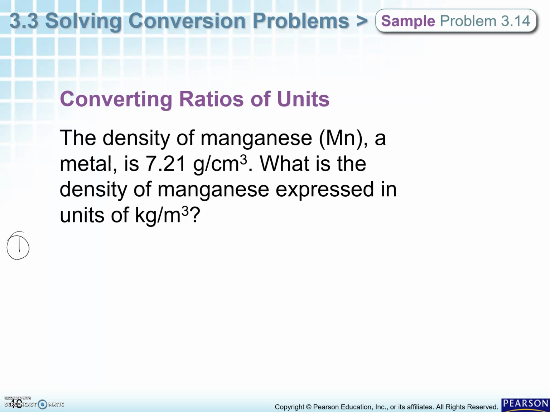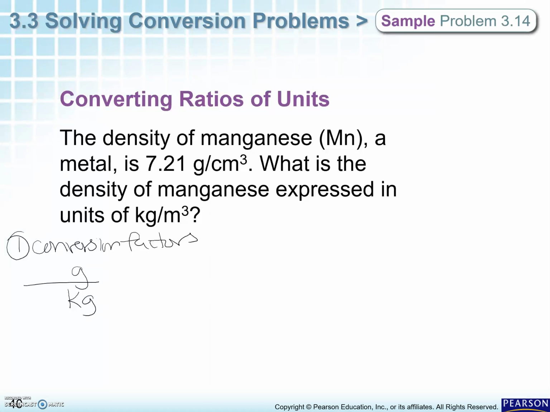Our first thing we usually write down is the conversion factors, or the conversion equalities. We are given grams and we want to go to kilograms, so let's look at that one first. We have grams on top of one and kilograms on top of another.